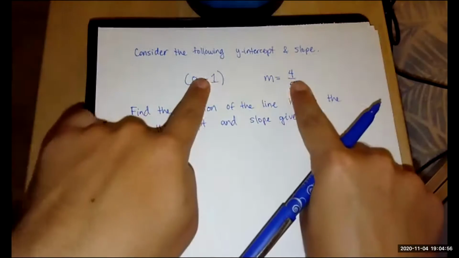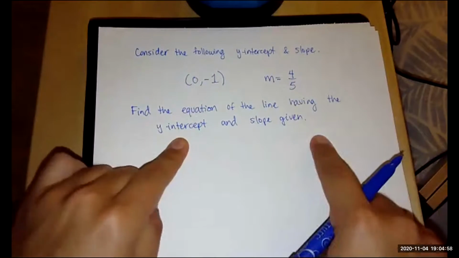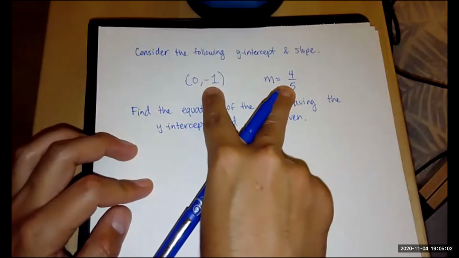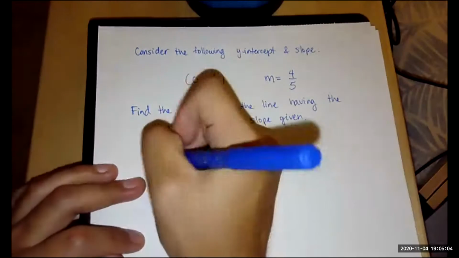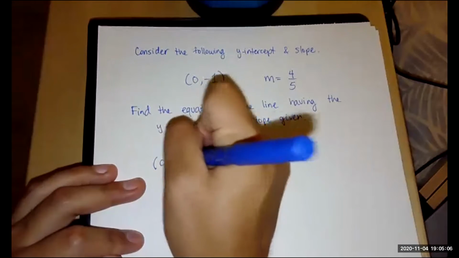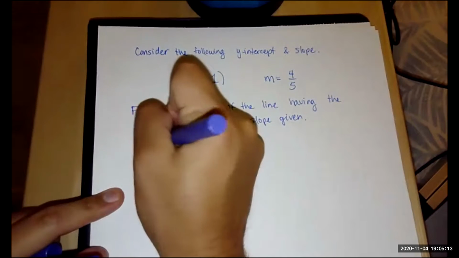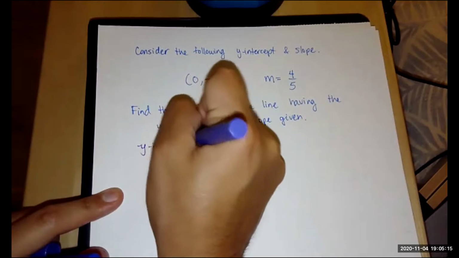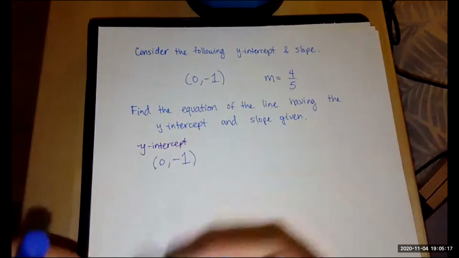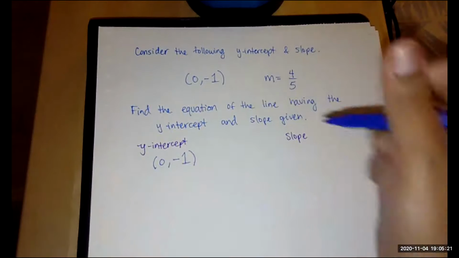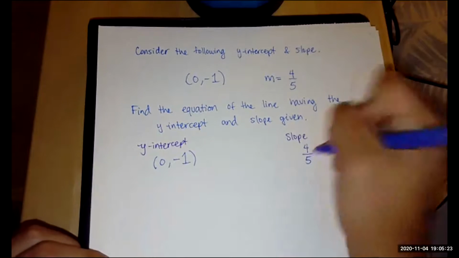So it wants you to find the equation of the line that has these two properties. Okay, so if we know that this is 0, -1, that's the y-intercept, and I know that the slope is 4/5.